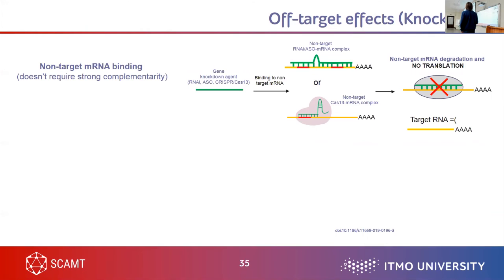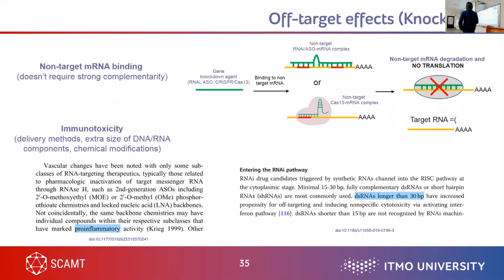So ISO or knockdown agents can bind to non-target mRNA as knockout tools, and that means that non-target mRNA or gene will be silenced. And there is also a problem of immunotoxicity.